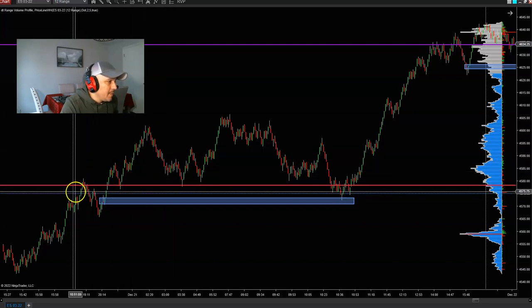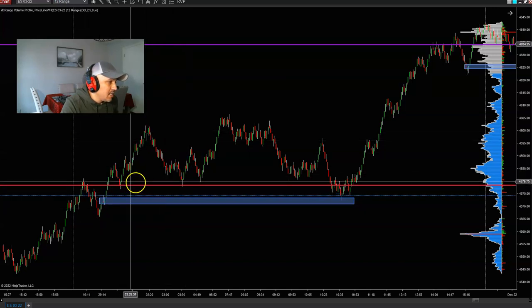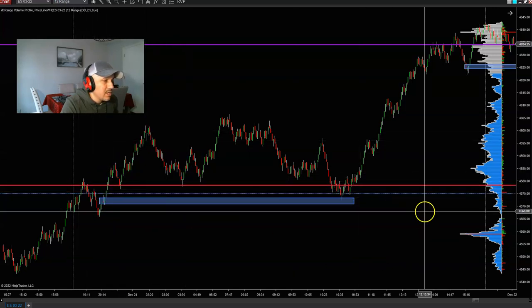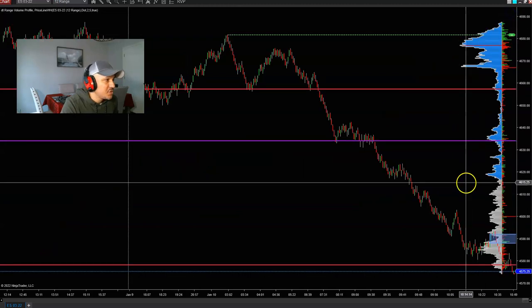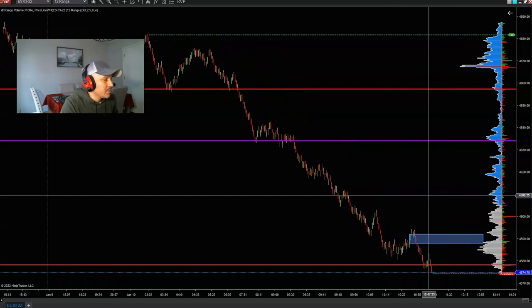So actually, when price pushed up here and pulled back, you got a good push to the upside. And this is the zone right here, this swing level right here. That to me is a powerful structure, a powerful area to look for a trade opportunity to possibly go long at.